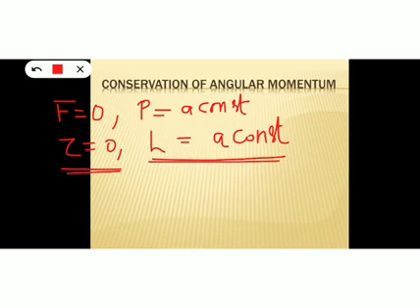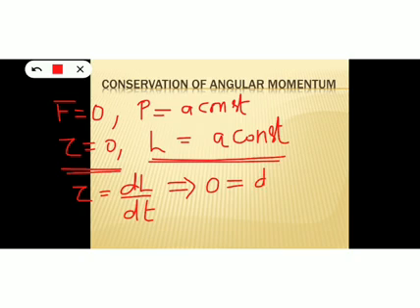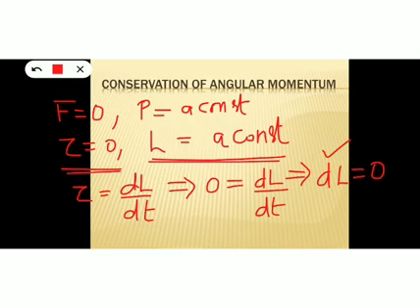We had already studied one expression relating torque and angular momentum. What is the expression? Torque tau is equal to dL by dt, isn't it? So in this expression, if torque tau is equal to 0, you will get dL by dt is equal to 0, and dL by dt equal to 0 implies dL equal to 0. dL is the change in angular momentum.